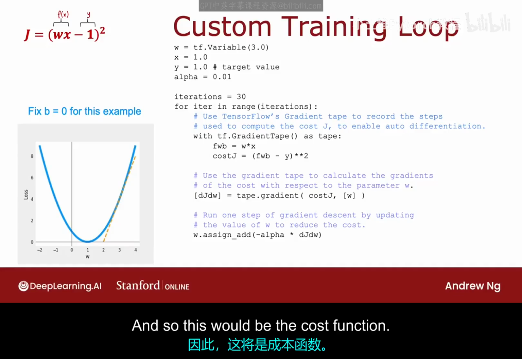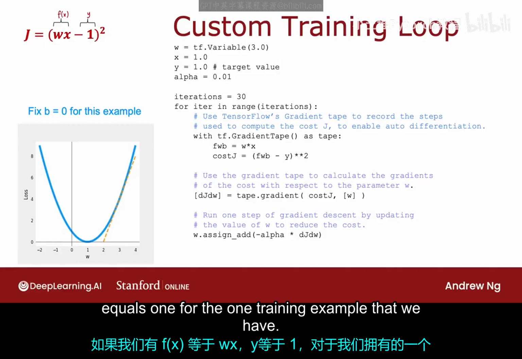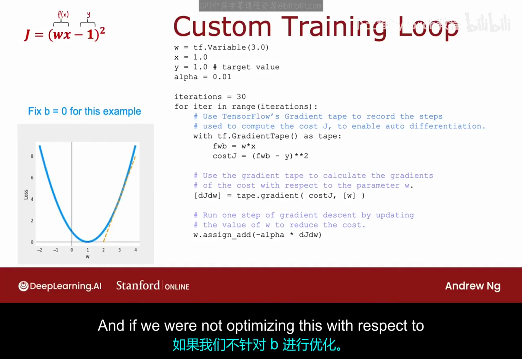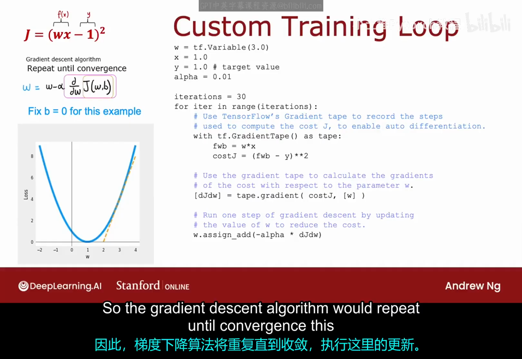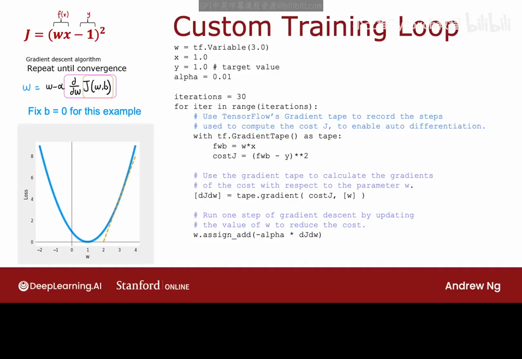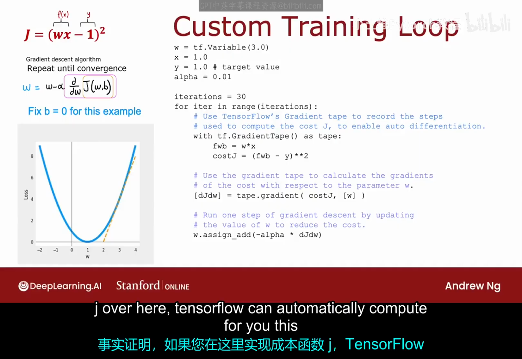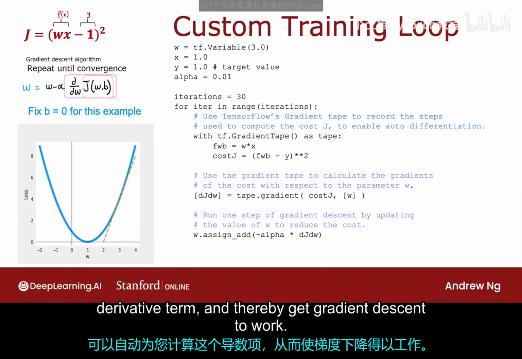And so this would be the cost function if we had f(x) = wx, y = 1 for the one training example that we have, and if we were not optimizing this with respect to b. So the gradient descent algorithm would repeat until convergence this update over here. It turns out that if you implement the cost function J over here, TensorFlow can automatically compute for you this derivative term and thereby get gradient descent to work.